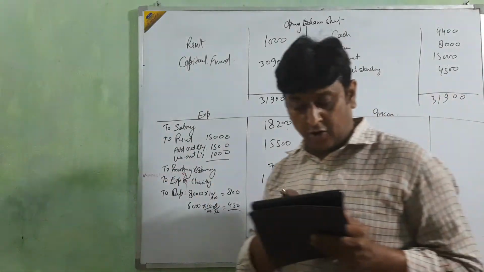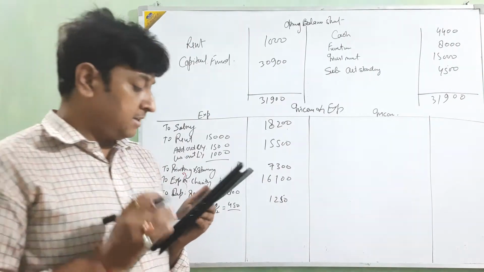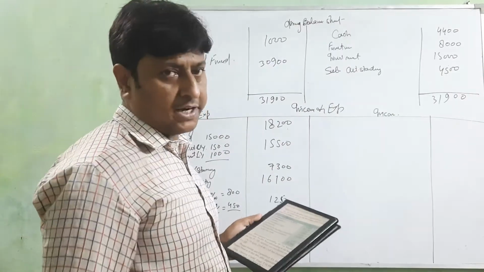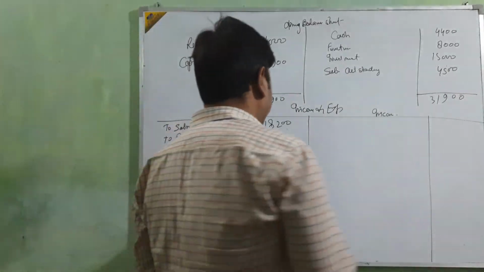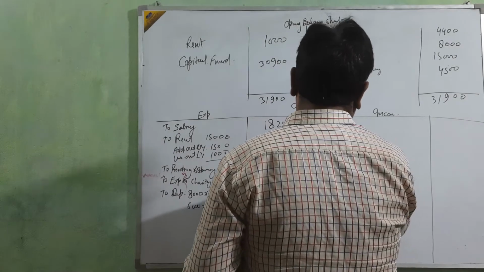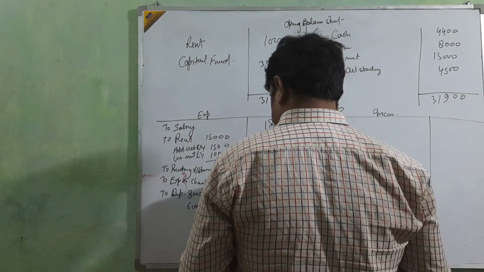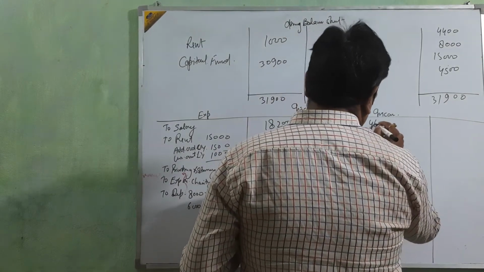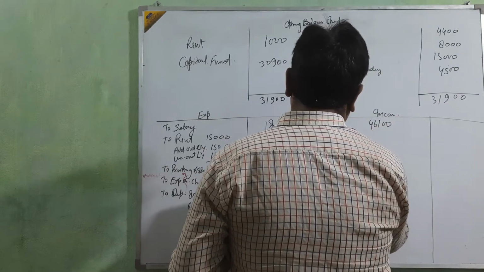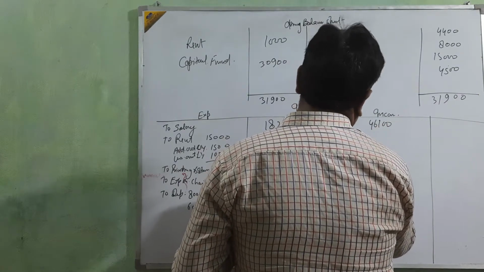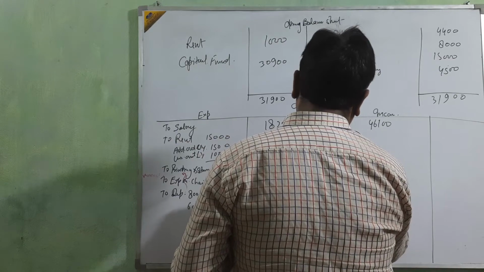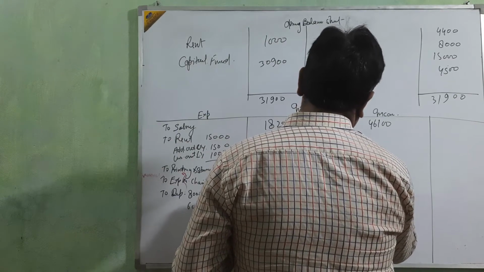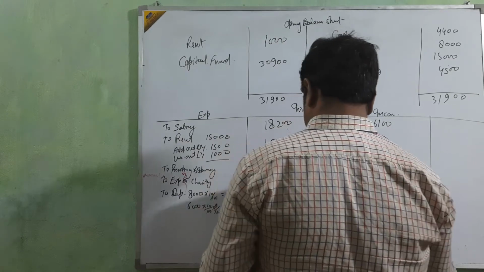Clear? Okay, go for the income side. First is balance, we are not going to show. Second, subscription. By subscription, the amount is 46,100. Then add outstanding current year, less outstanding last year.